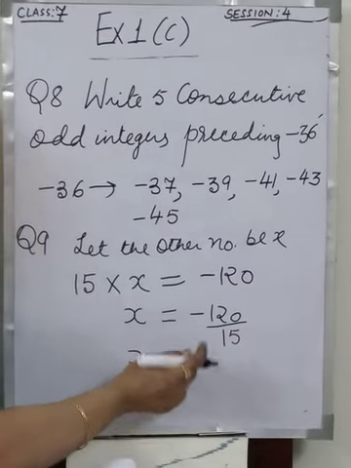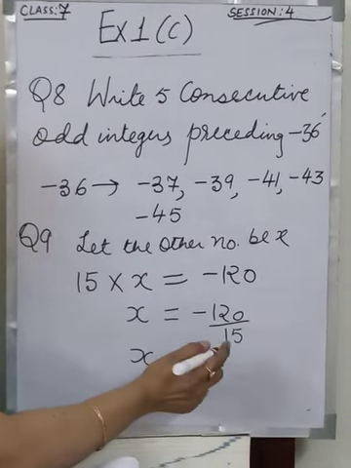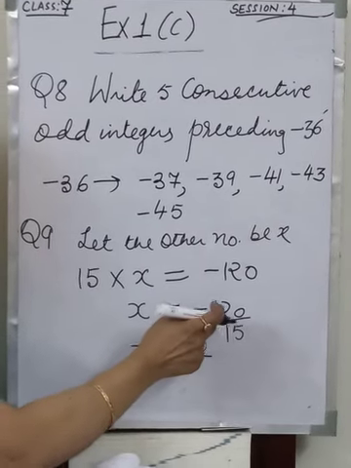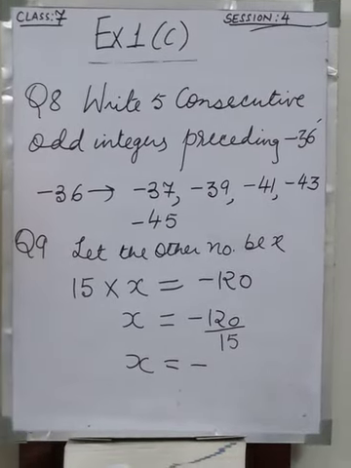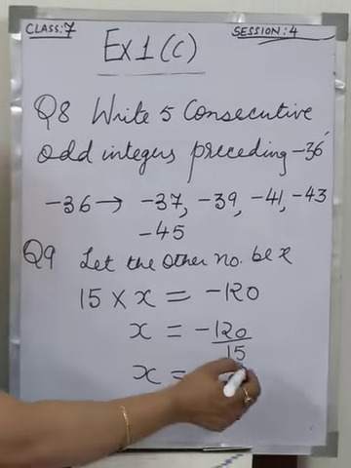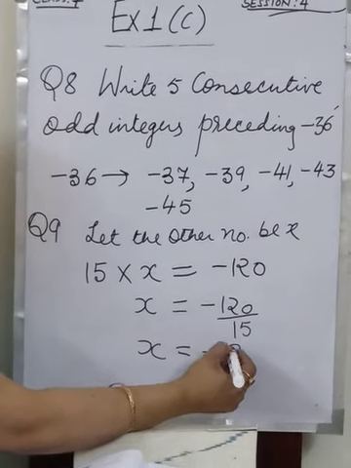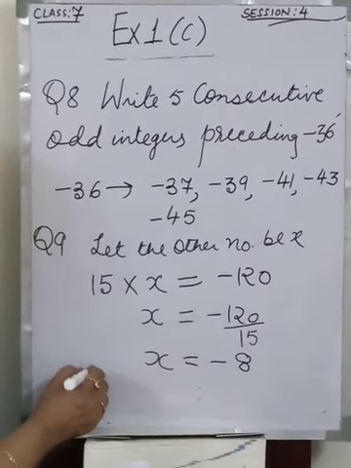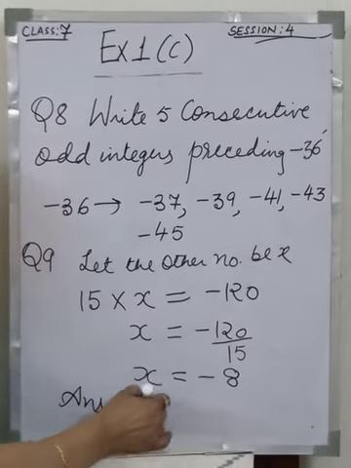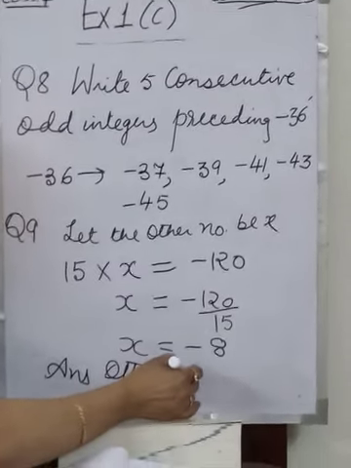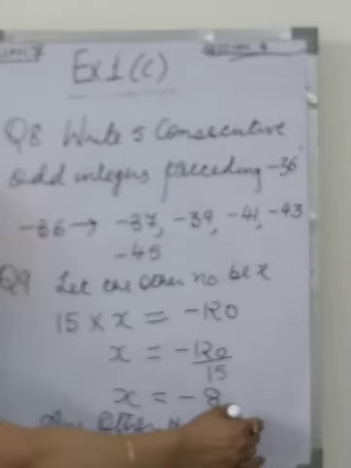It is different. This is plus, this is minus. So the sign is going to become minus. 120 by 15, read the table of 15. 15 times 8 is 120. So the other number is minus 8.